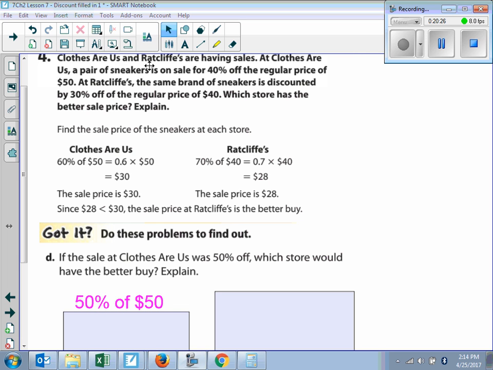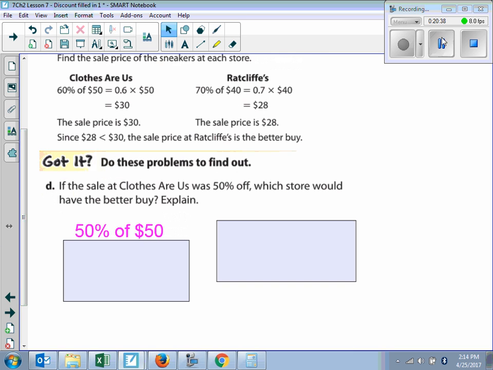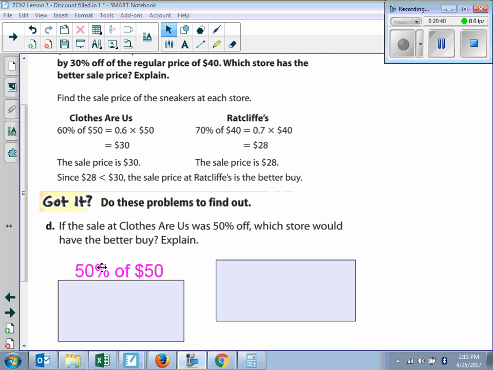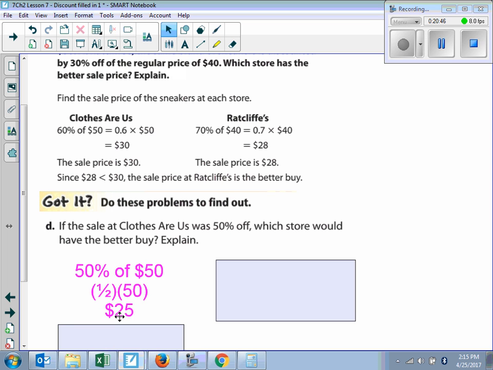Does everybody see how we got 50% of $50? So the sale was 50% off, so it's 50% of 50, which is half of 50, which is $25.